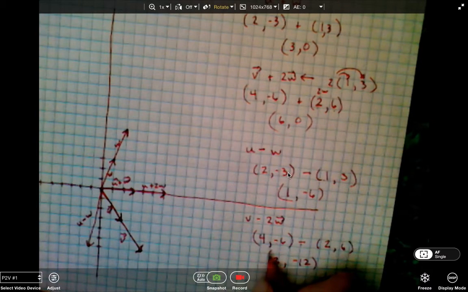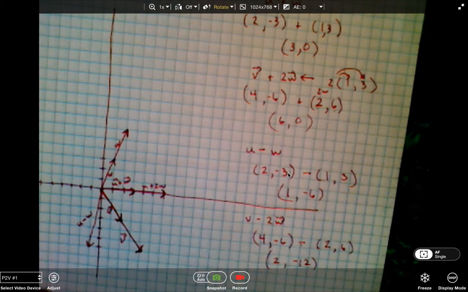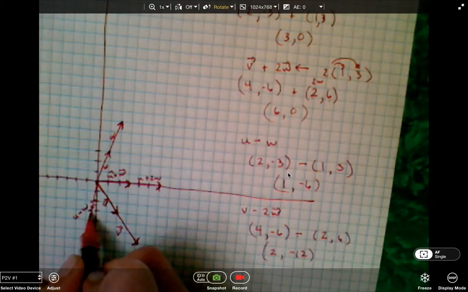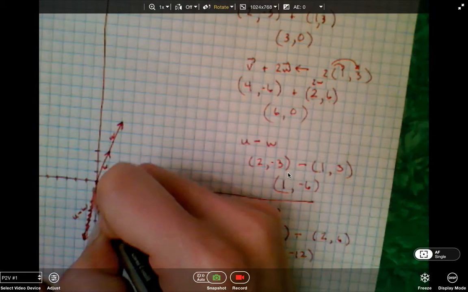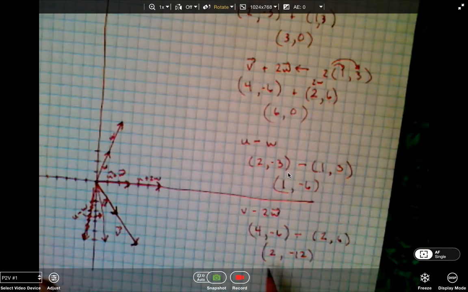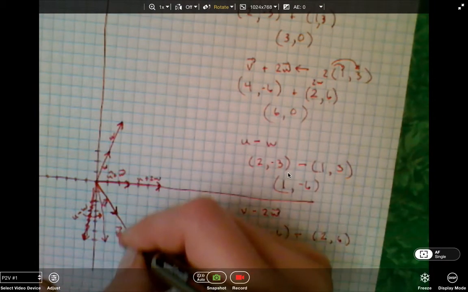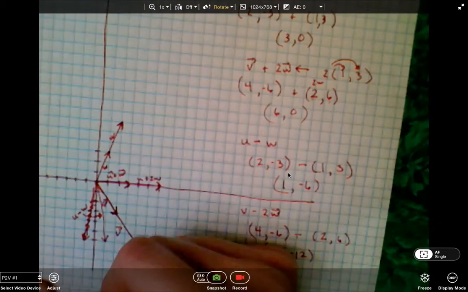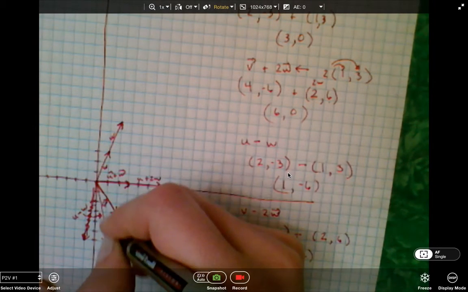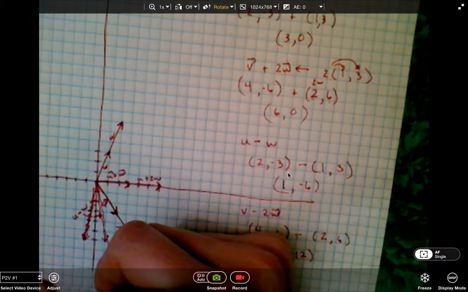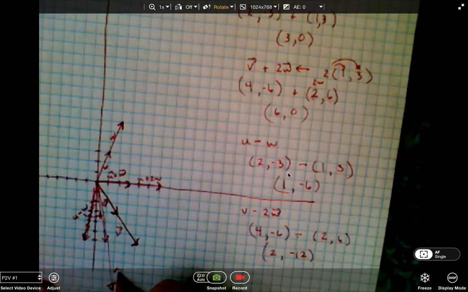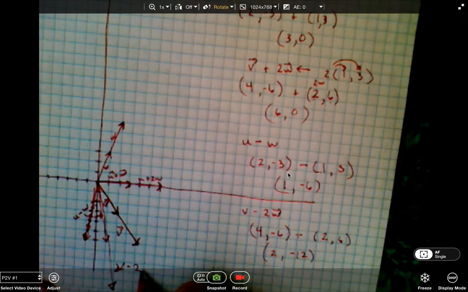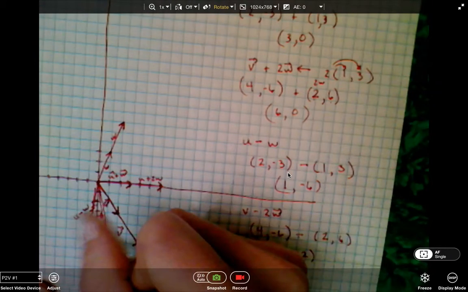So this guy right here should be right here. That's right there. And then 2, -12 is going to be down there some little bit further. V minus 2w.